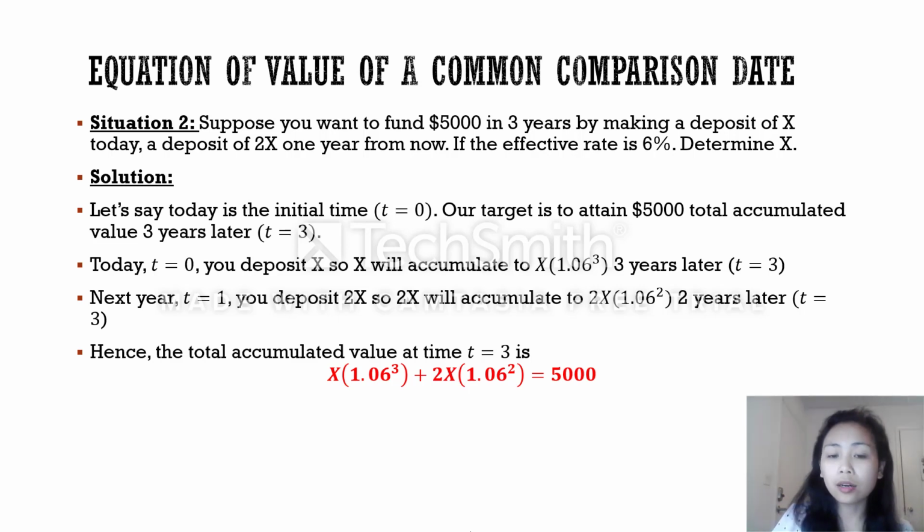So we have the equation x times 1.06 cubed plus 2x times 1.06 squared equals 5,000. This is just a very simple linear equation. We solve for x. x is $1,454.24.